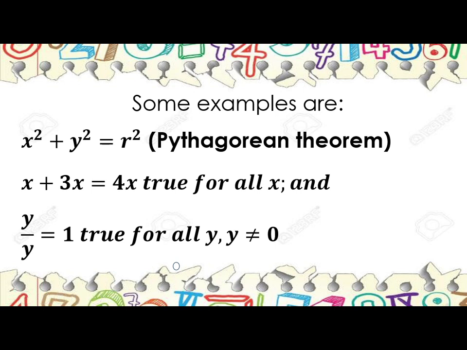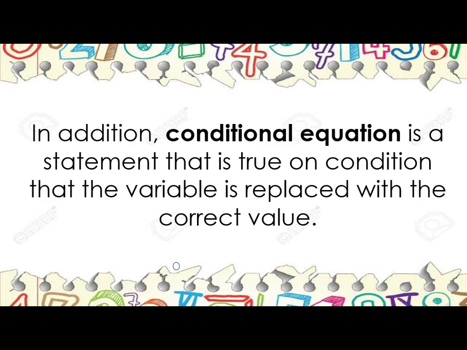On the other hand, when we say conditional equation, there will be a so-called condition. Say you have the given equation, and it is a true statement if there's a corresponding value for that. So there's a condition for the equation to be true.